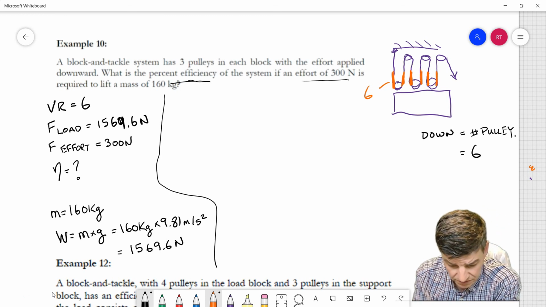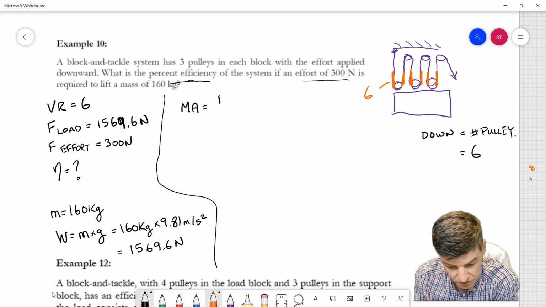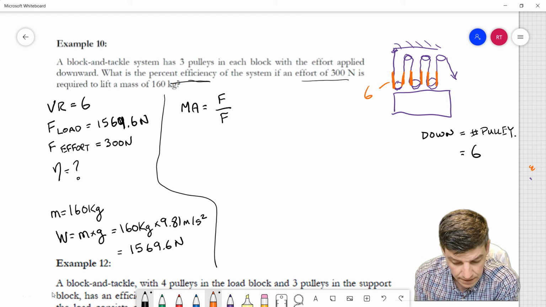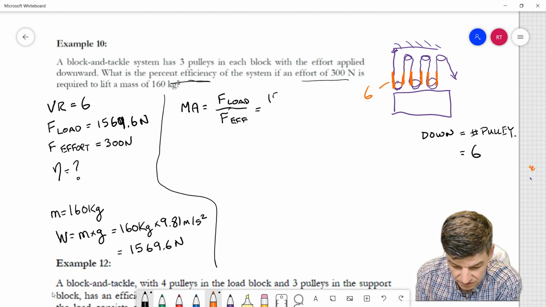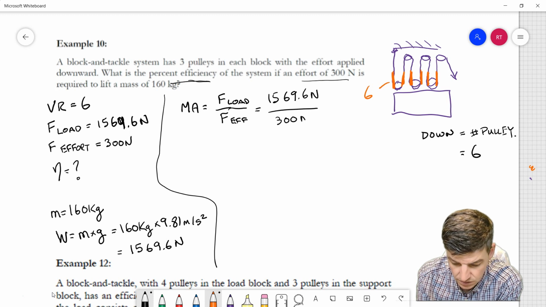So in order to find efficiency, I need to know VR and I need to know MA. So my mechanical advantage is a ratio of forces. And it's the larger force, the load, compared to the effort. And that is 1,569.6 newtons divided by 300 newtons.